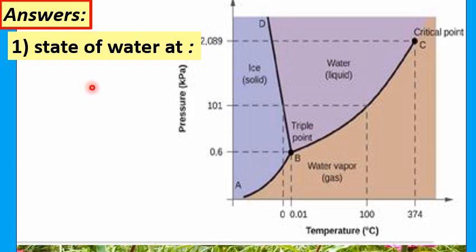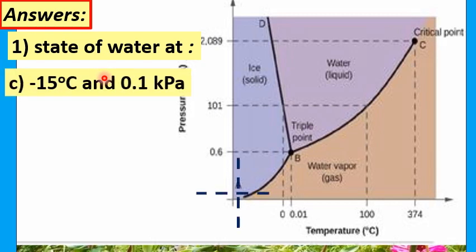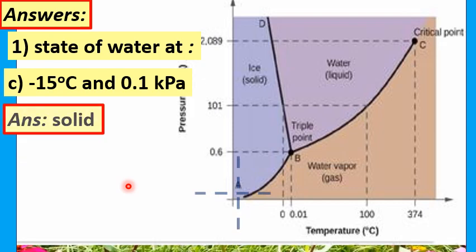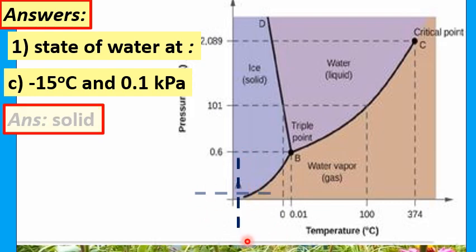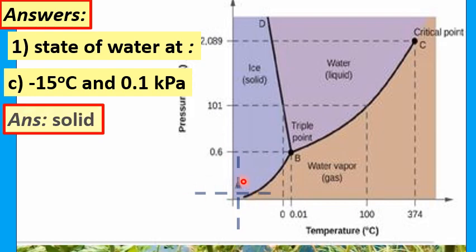At the temperature negative 15 degrees Celsius and pressure 0.1 kilopascal, that's for question letter C, we say that water is in solid state. As shown in this diagram, we have highlighted the point of intersection of the two quantities.